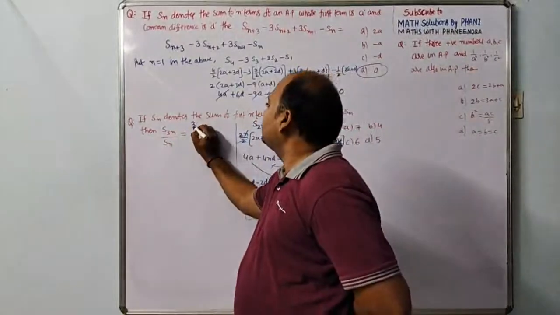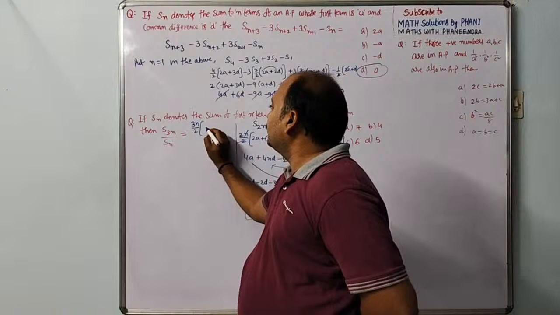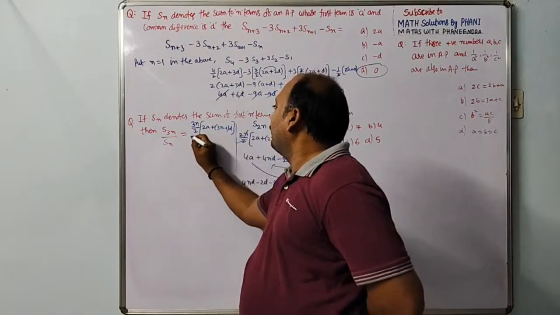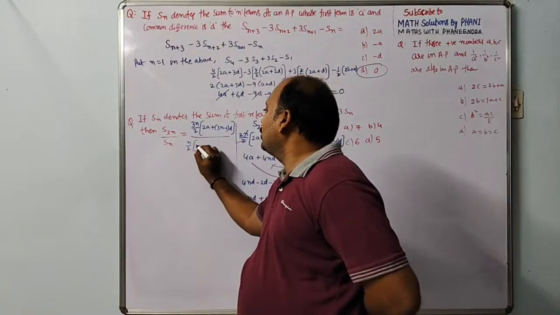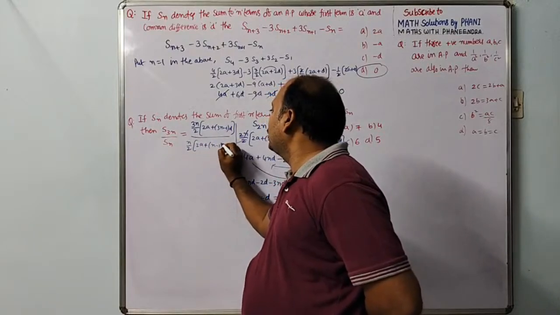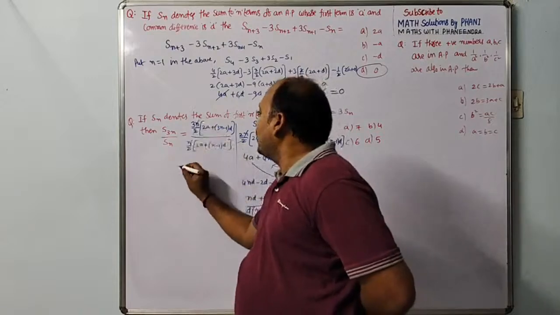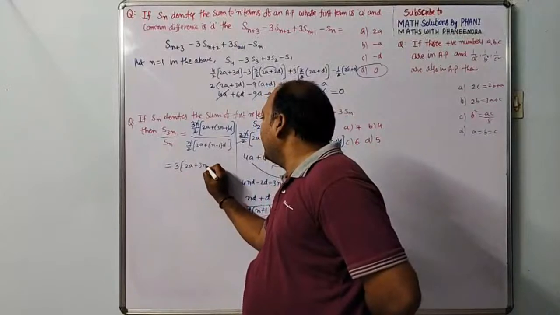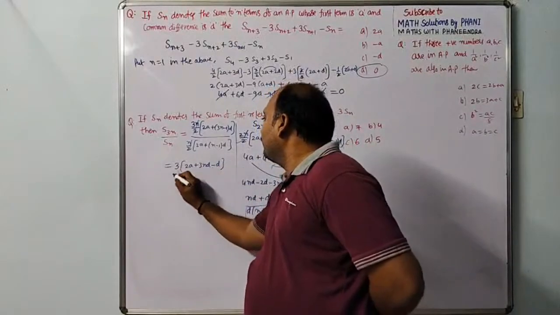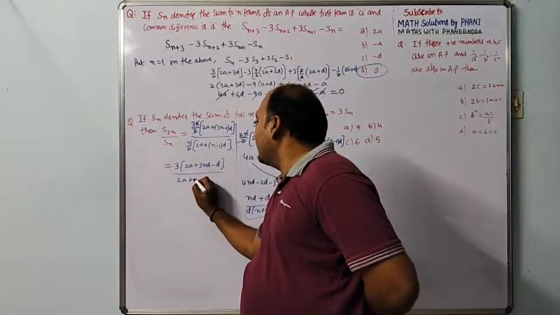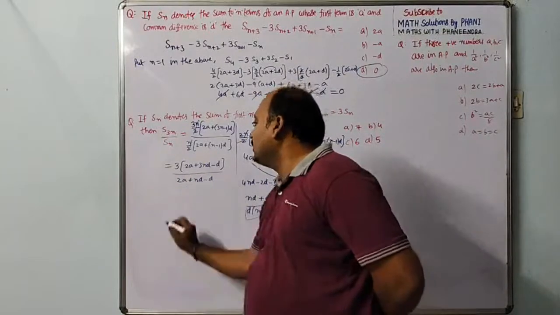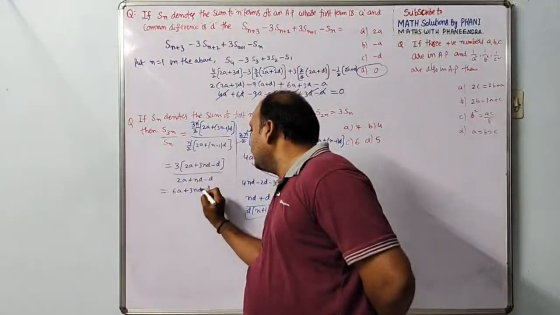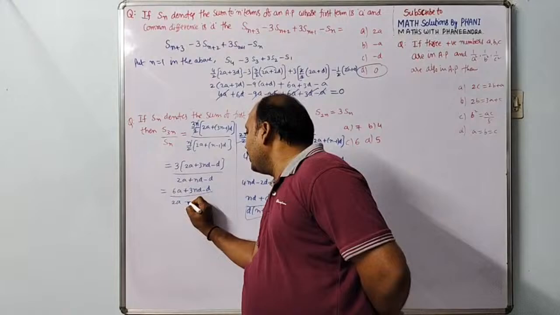After that they are asking to find S3n by Sn. So S3n means 3n by 2 into 2a plus 3n minus 1 into d, divided by n by 2 into 2a plus n minus 1 into d. Here n by 2 gets cancelled. 3 into 2a plus 3nd minus d, by 2a plus nd minus d.